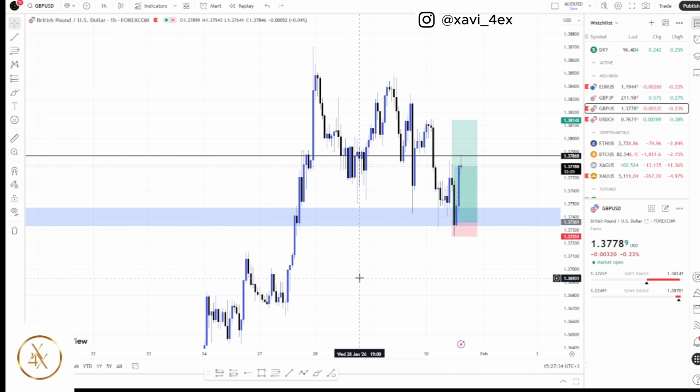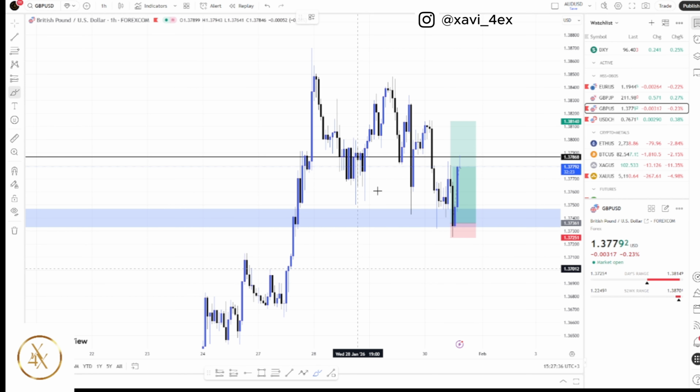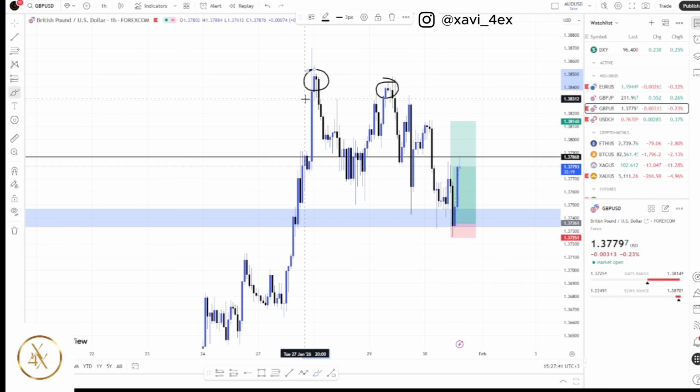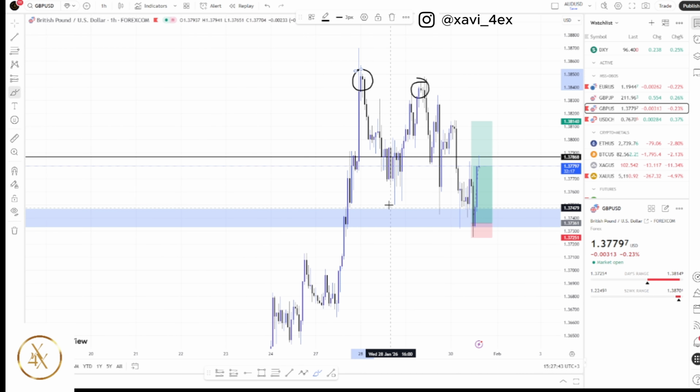Why? Because I know the direction of the market. You don't want to sell any of this. You just need price to come back to your POI, get an opportunity, and take it with you to take out all this liquidity here. So that is basically it.